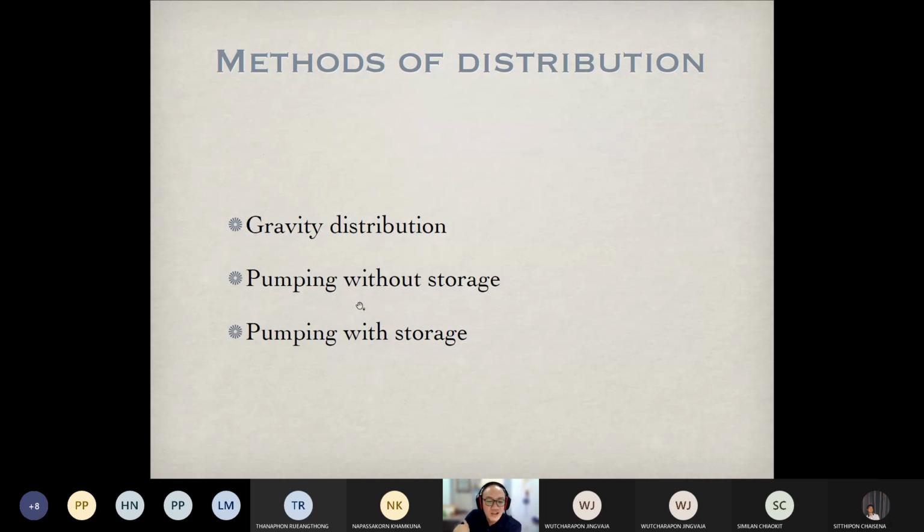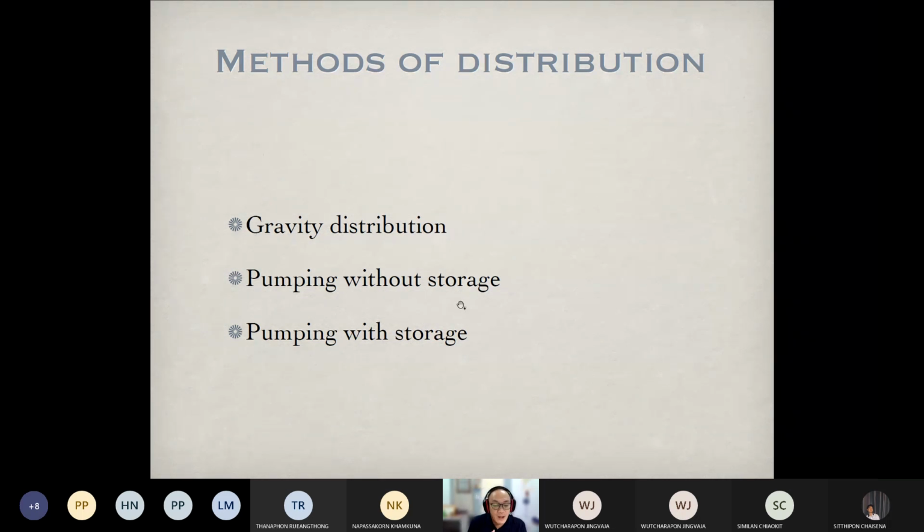Sometimes we use the storage in combination with the pumping facilities before distributing the water to the household, or before withdrawing the water to the treatment facilities. So there are three major types of distribution: gravity distribution, pumping without the storage, and pumping with the storage. But the most commonly used method is this one, the pumping with the storage.